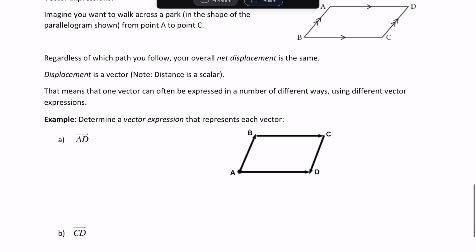Here it says determine a vector expression that represents each vector. Okay, so here, one thing to note, again, is that we want to add vectors tip to tail, never tail to tail.